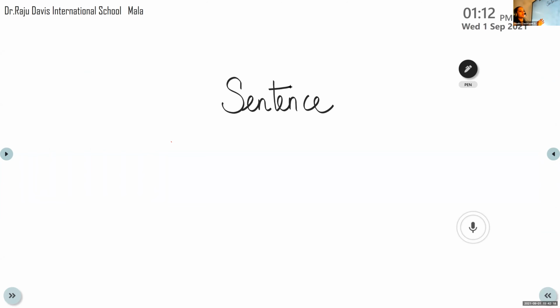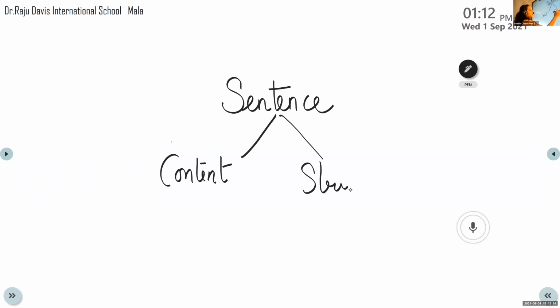You will learn about this in detail in your grammar classes. I am just giving you a rough idea, okay? A sentence will have content words and structure words. Does anybody know what content words and structure words are?